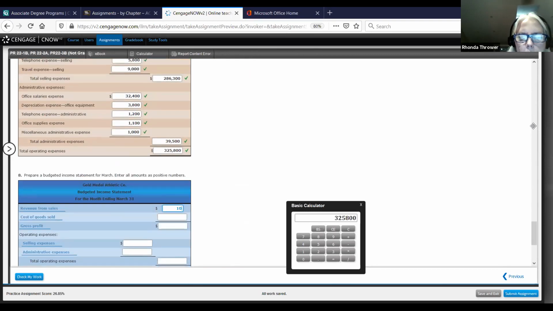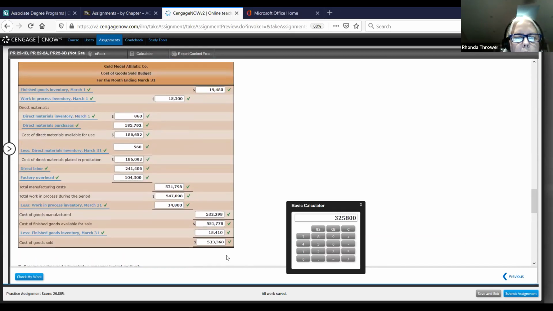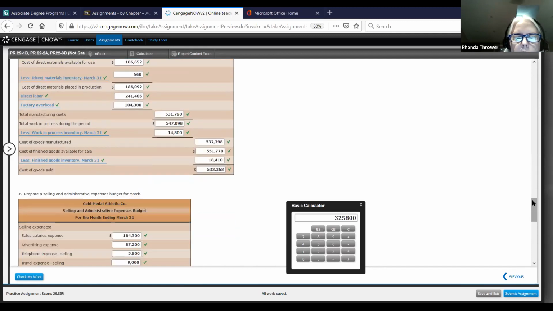So $1,088,000 is going to be your revenue from your sales. Your cost of goods sold is going to come from the cost of goods sold budget that we prepared. It's $533,368.